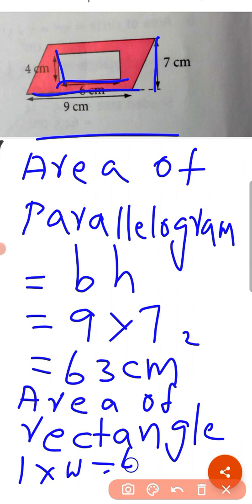So 6 into 4 is 24 centimeter square. So here the area of the parallelogram is 63 centimeter square, 9 into 7, and the area of the rectangle is 6 into 4, 24 centimeter square.